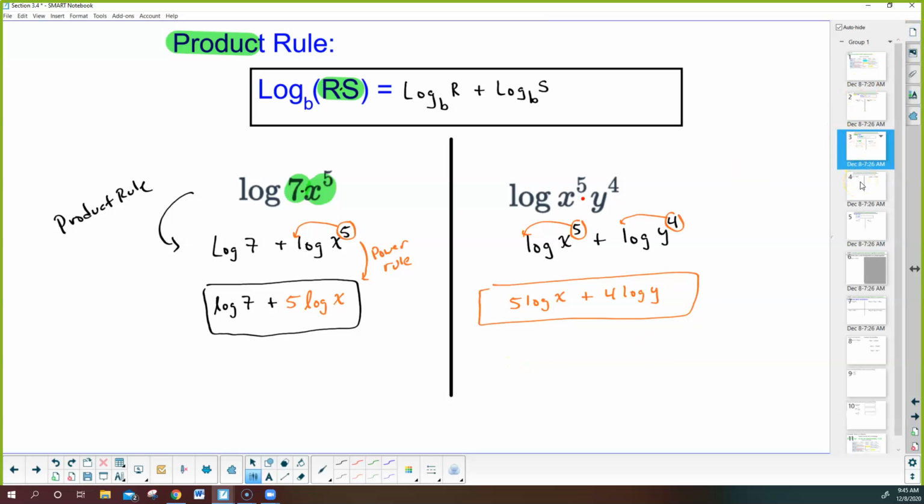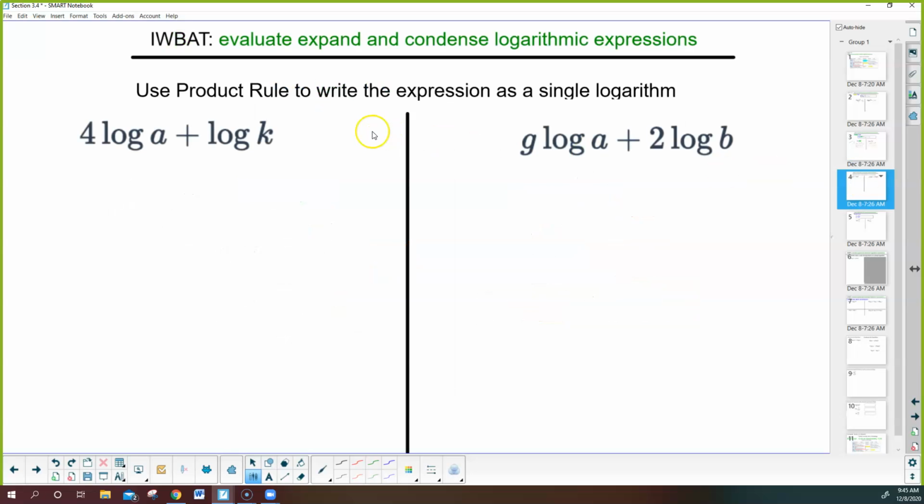All right. So we had the power rule, the product rule, and now we've got a couple more examples. I want you to try these two. Notice it says use the power rule to write the expression as a single logarithm. So we're doing the reverse of that. This is an expanded form right here.